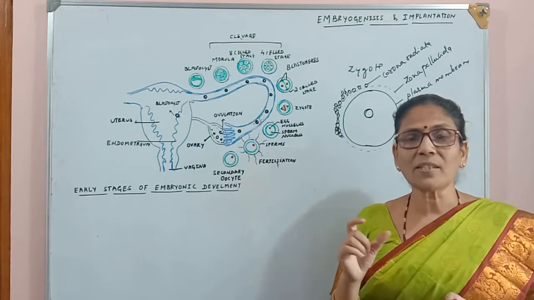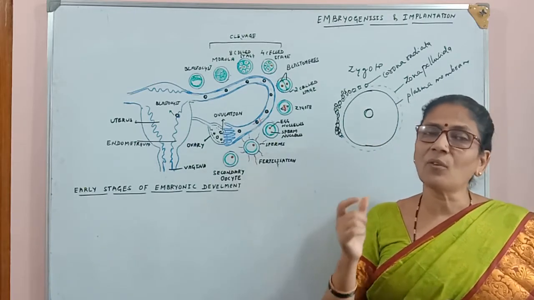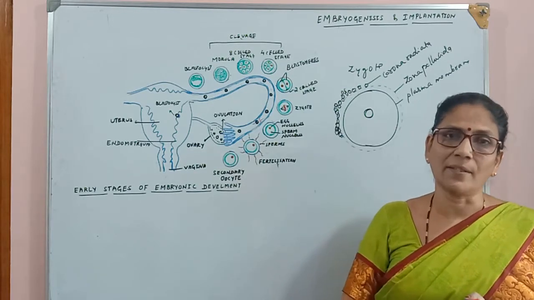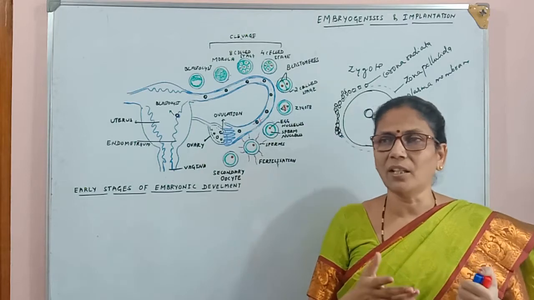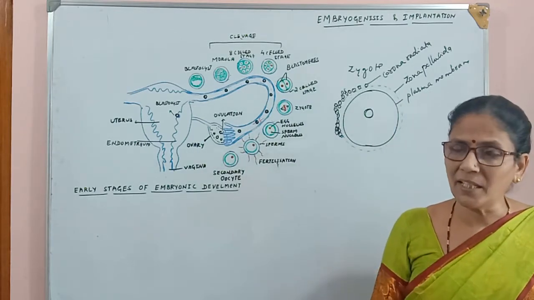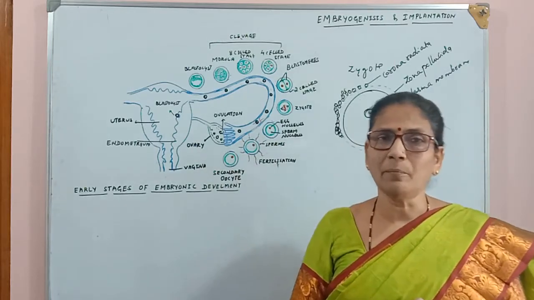The number of cells is increasing, but the size of the embryo is the same. There are many such options, like increasing or decreasing, or both number and size increasing or decreasing. So students, please keep it in mind.